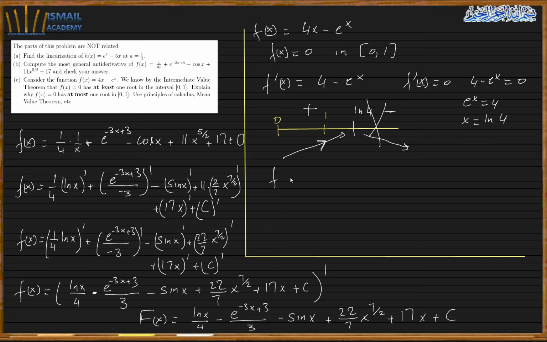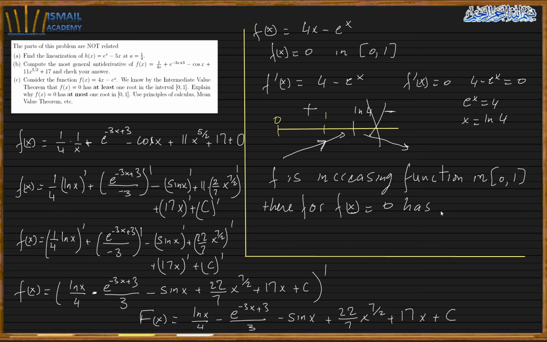So f is an increasing function in the interval 0, 1. Therefore f of x equals 0 has at most one root in 0, 1.